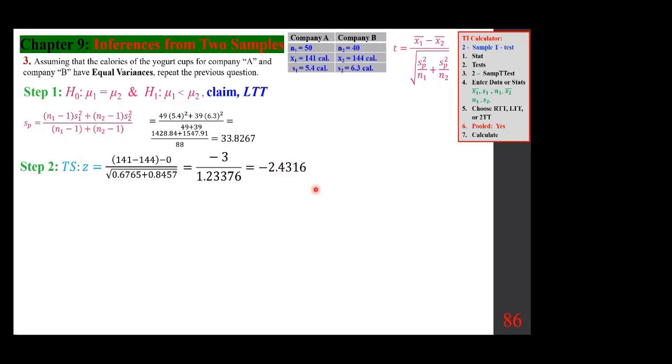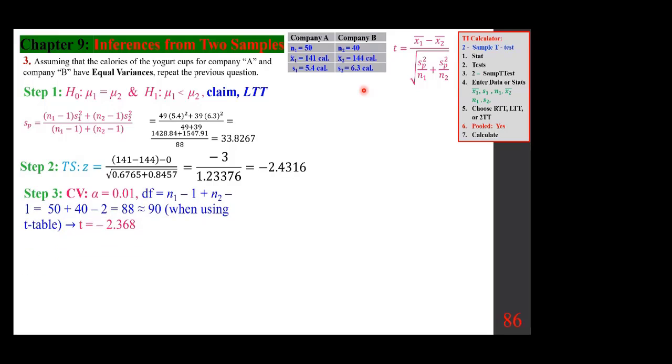In this case, as far as degrees of freedom is concerned, we add them up. So n1 minus 1, so 50 minus 1. n2 minus 1, 40 minus 1. We add them up, and the degrees of freedom is 88. If we use the table, it doesn't exist. We go with 90, and therefore t is negative 2.368.